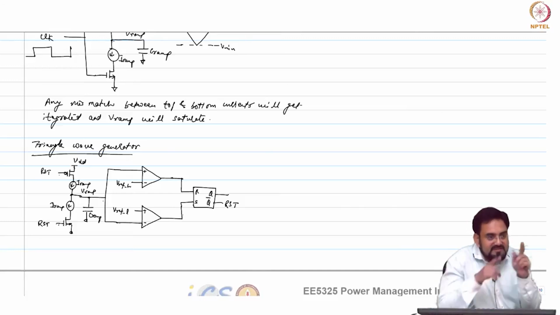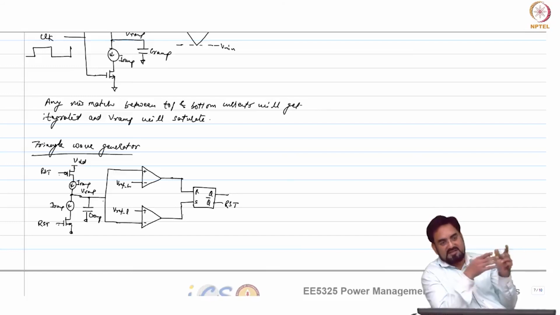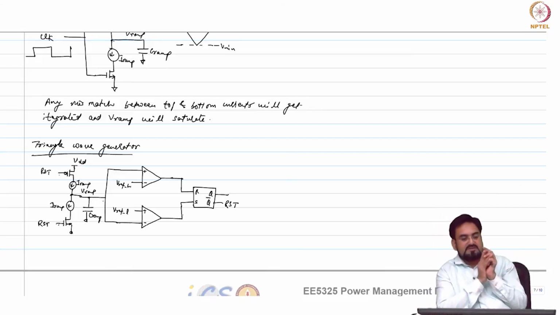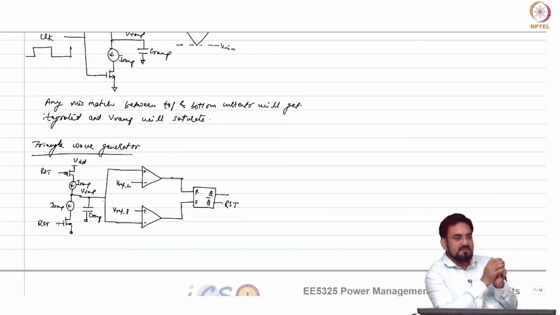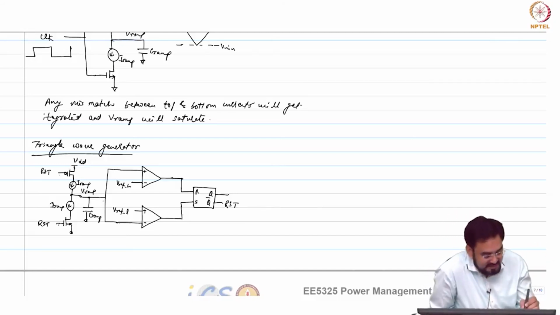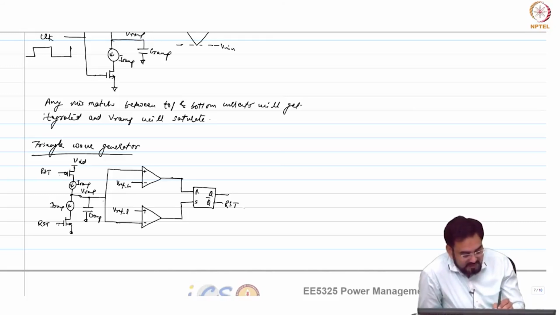So both the comparators will only see the glitch during transition time. So which means R and S most of the time will remain 0 0, and you will see a triangular wave here. And what will be the output at reset?